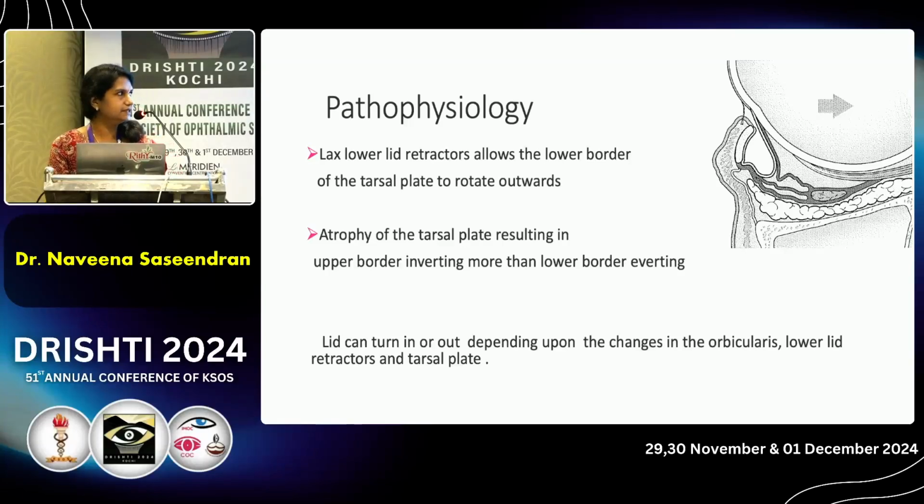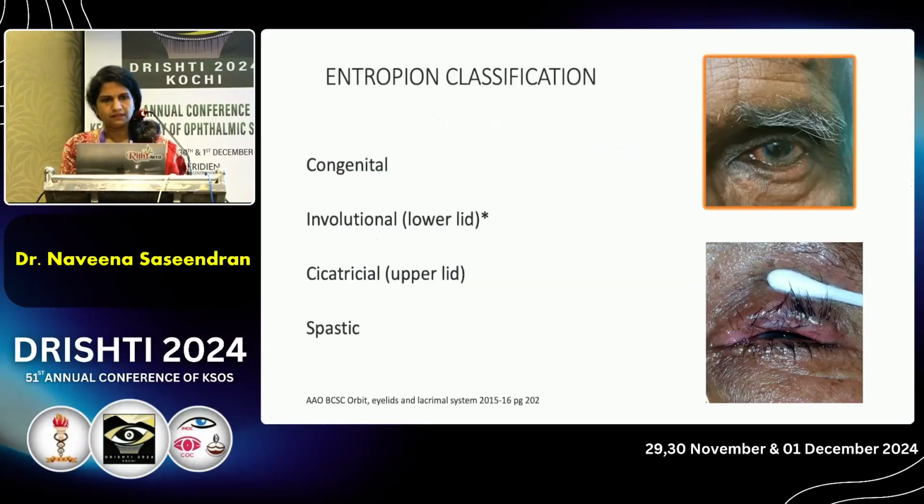So the lid can turn either in or out depending upon the changes in the orbicularis, lower lid retractors or tarsal plate. Coming to classification of entropion, it can be congenital, involutional, which is the most common type, then cicatricial and spastic.